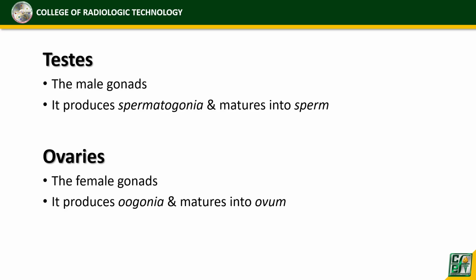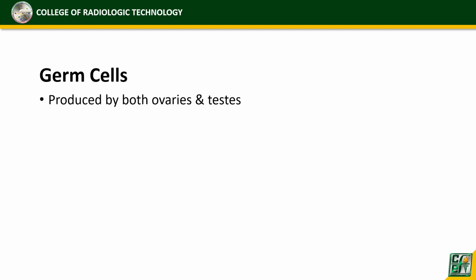Okay? So these are the main gonads for both sexes. Then germ cells are produced by both ovaries and testes.